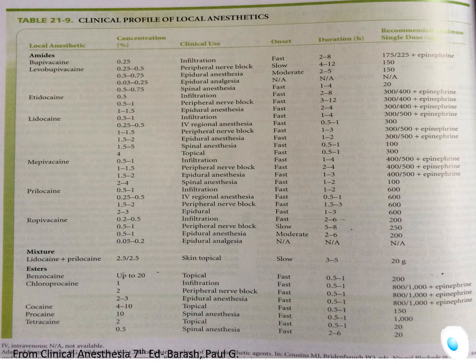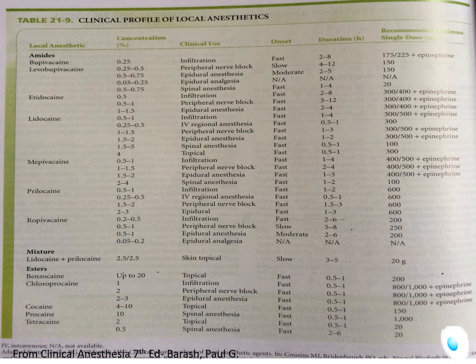This is a busy slide, but I threw the picture in there because it shows some of what we just talked about and how it's grouping the amides together, the esters together. It talks about the clinical uses, what we just mentioned in the previous slide. But it also lets you see the common concentrations that are used for each individual local anesthetic, as well as the onset, though most of them say fast onset, which clinically I don't know how relevant that is because that's not what we see.